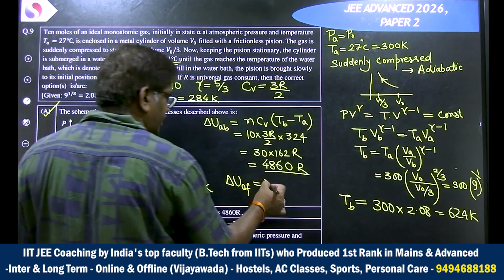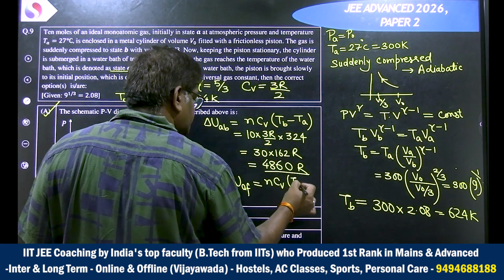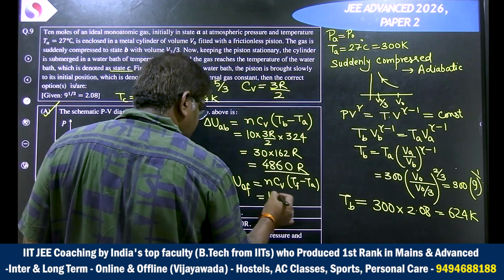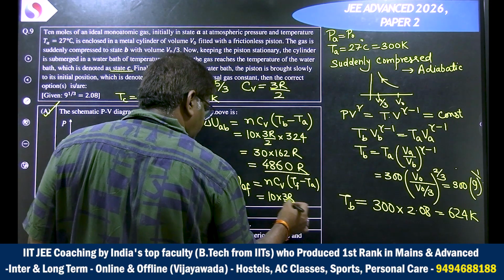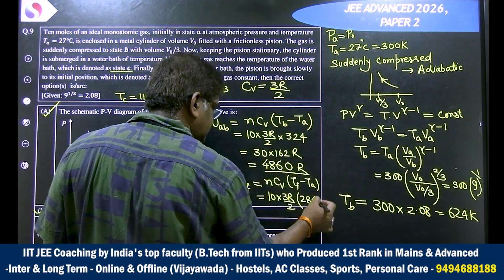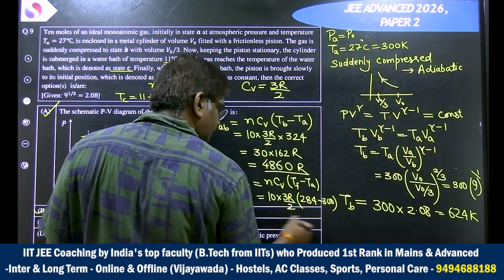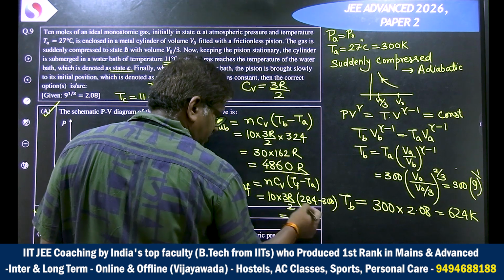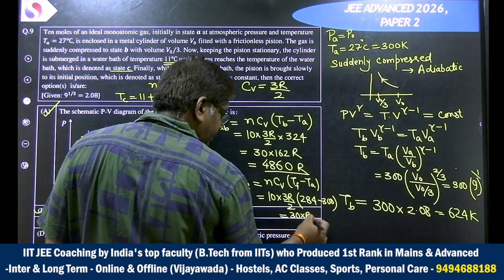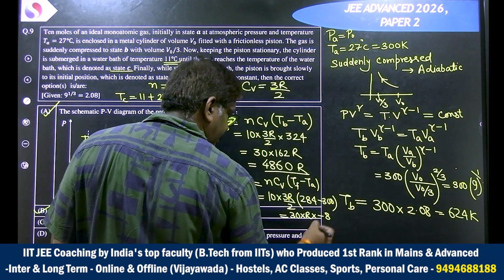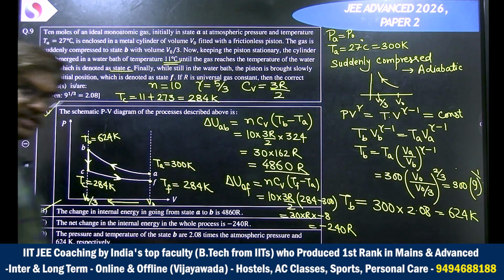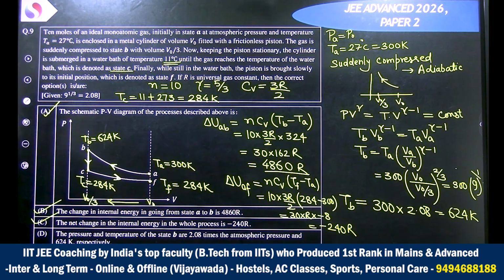It is going to be n Cv times TF minus TA, that is 10 into 3R by 2 into 284 minus 300. So 30 into R into minus 16 by 2, that is minus 8, which means minus 240 R. Yes, this is also satisfied. Minus 240 R means option C.